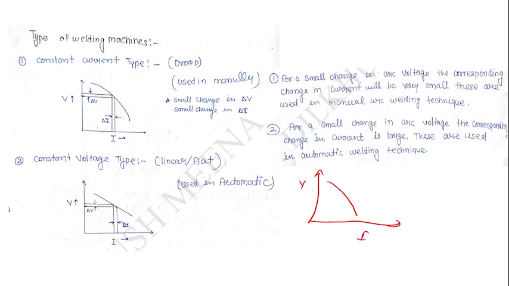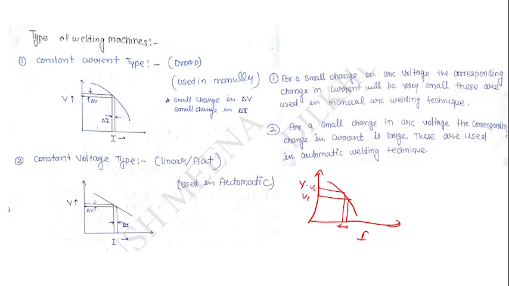Suppose this is your V1, this is your V2. There is a change in your voltage from V1 to V2, but as compared to that, there is a small change in your current. It will be steeper than what I have drawn. So that is why we can call it constant current type.